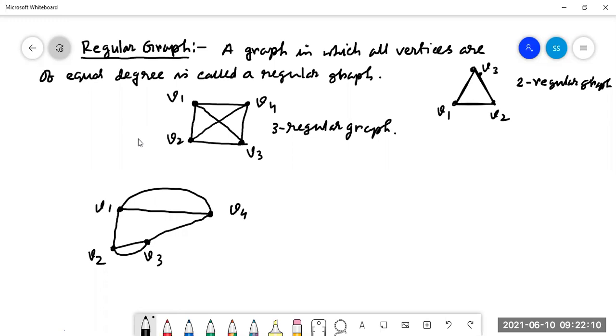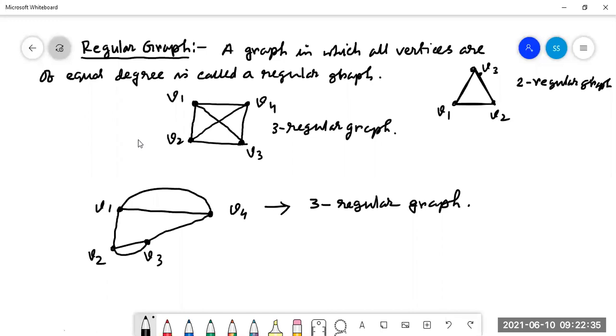Is it a regular graph? Is this one a regular graph? Yes, sir. What regular graph is this? It can be said that it is a 3 regular graph. Right?